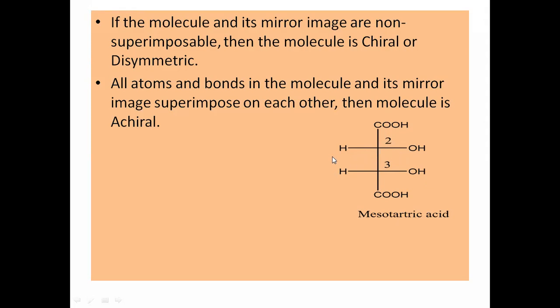Because if we take a plane between 2 and 3, then the upper part and the lower part are the same. If we put a mirror in between 2 and 3, there is a plane of symmetry. So this part and this part are the same.